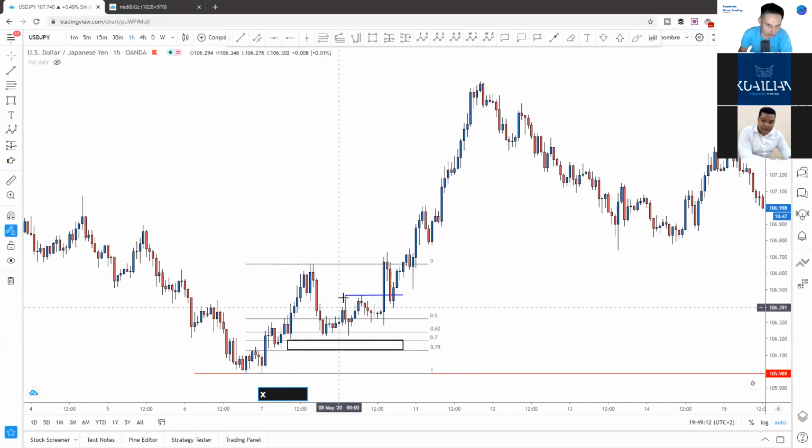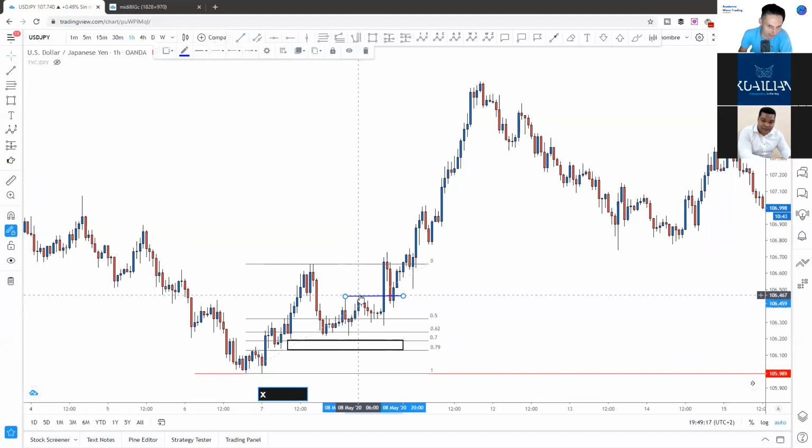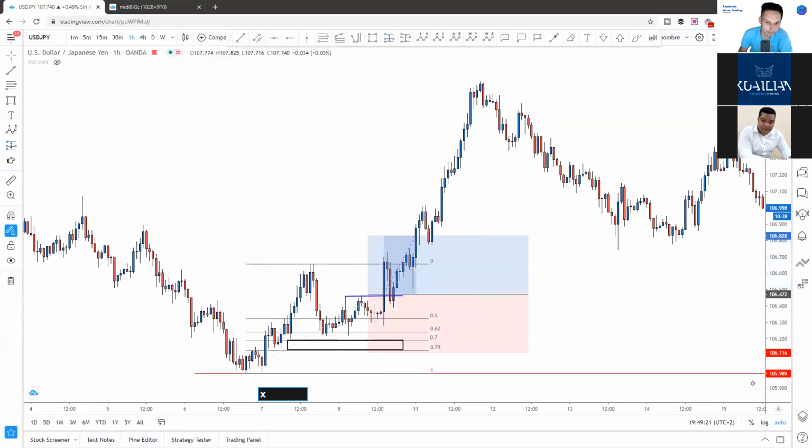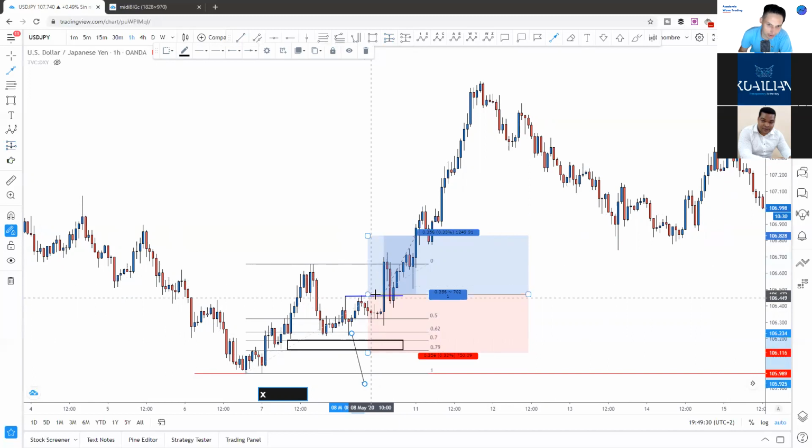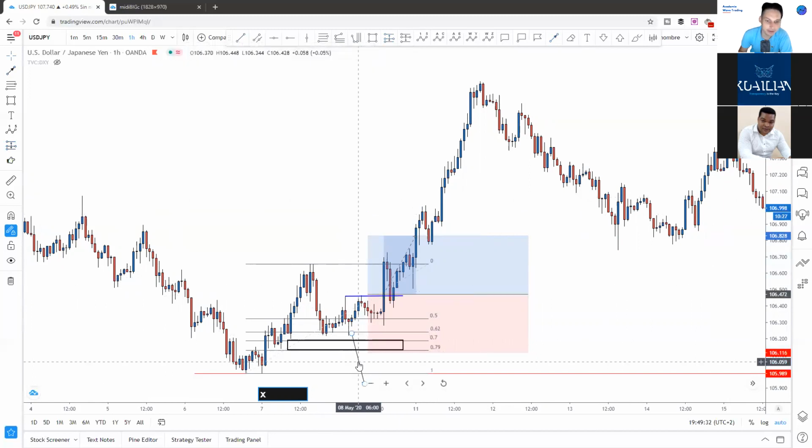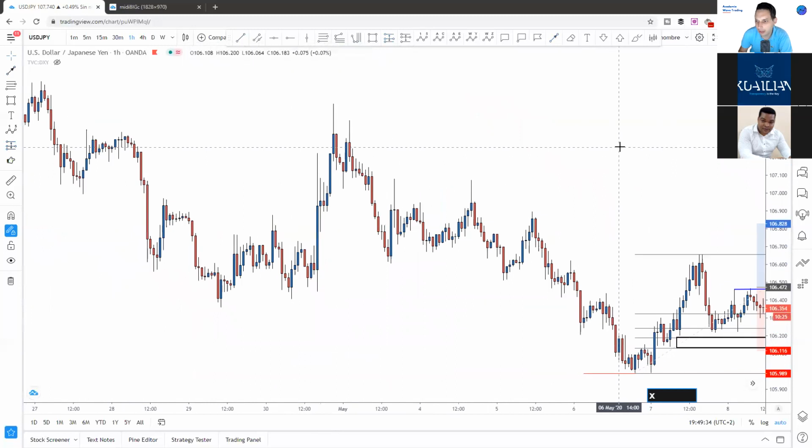Then it starts to go up, then starts going down, and then we can place the buy stop here. Then the order can be something like that. Okay, above this high. If the market continues to go down, down, down, and then continues down, your order does not get filled. Okay, it will look like this in real time.